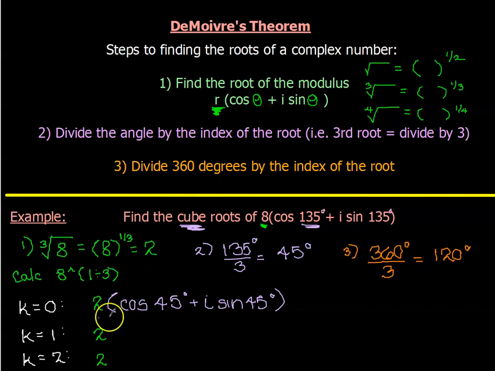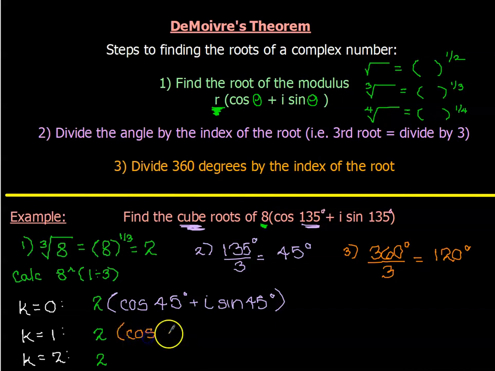So what do I do with the angle if I don't want to have to keep applying k equals 1, then k equals 2 into that whole formula? Well, that's what step 3 is for. Notice that it's 120. So I'm just going to add 120 to each angle for each root that I get.